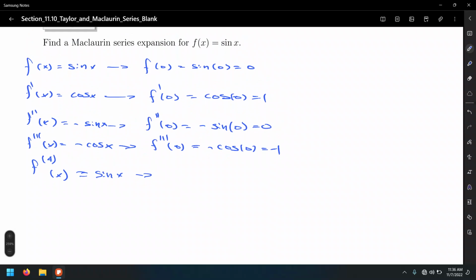But do you notice a pattern here? It's taking us back to the original function because of the oscillation of the values of the trigonometric functions sine and cosine. So that's a sine of 0, that's 0.